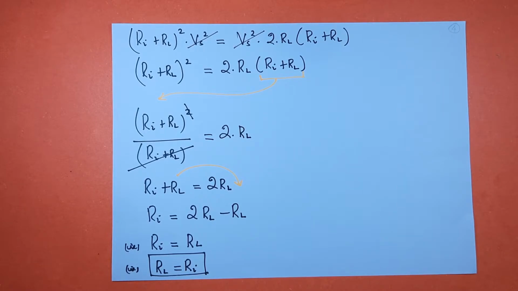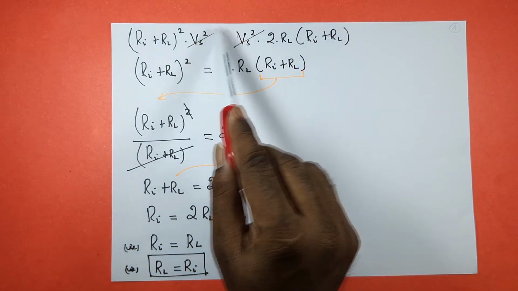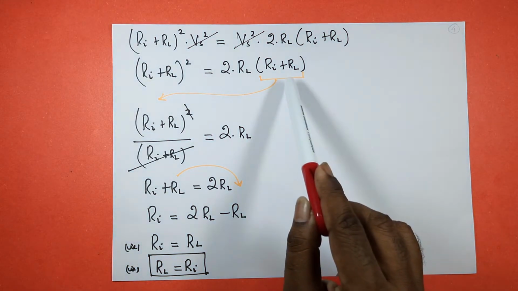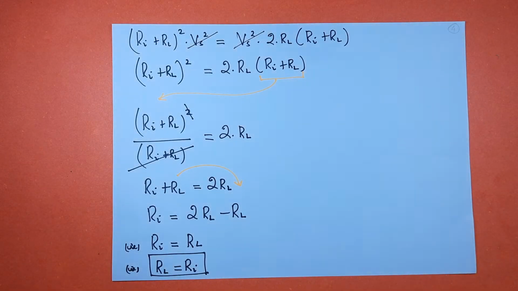The next step is Ri plus RL the whole square into Vs square equal to Vs square into 2RL into Ri plus RL. This Vs square gets cancelled. Next we have Ri plus RL the whole square equal to 2RL into Ri plus RL. Now take this Ri plus RL to the left hand side.